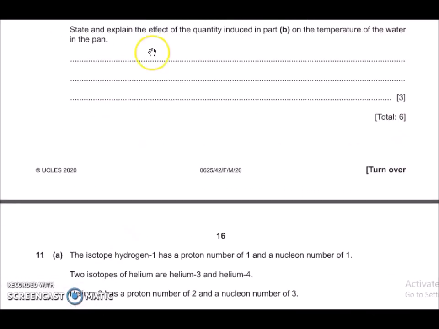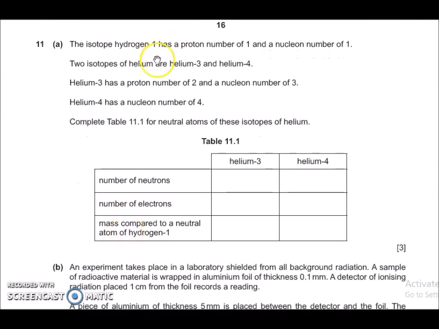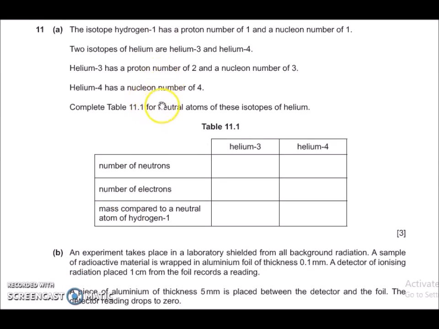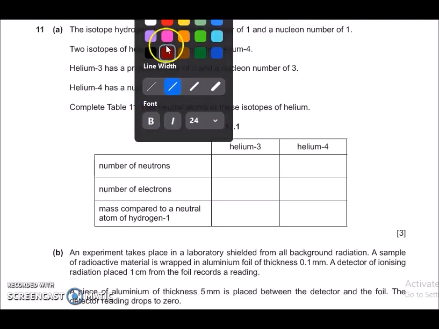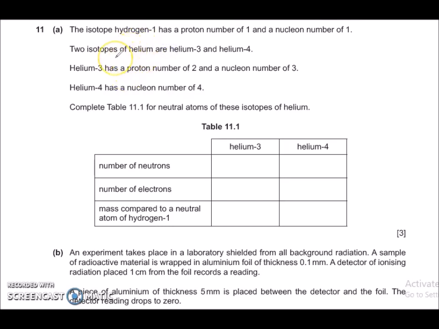Okay, now let us move on with the last question over here, number 11. Okay, number 11 over here, isotopes. Isotopes of hydrogen. Okay, hydrogen normally they'll have one over here. So at this part, as a proton number.